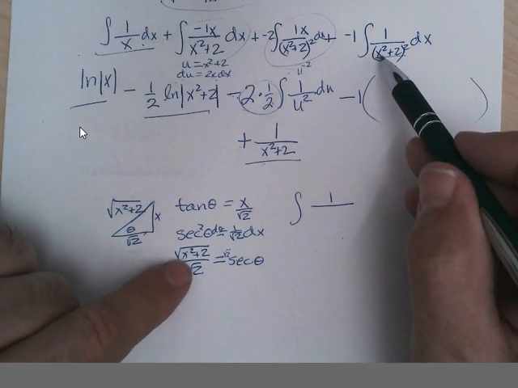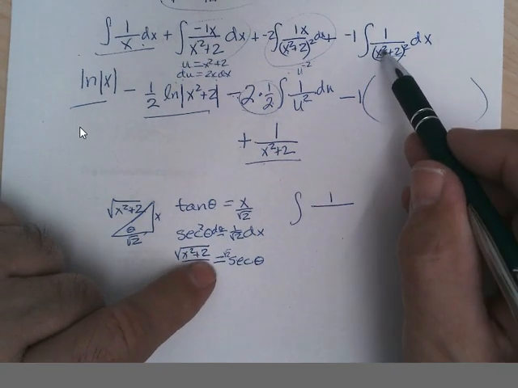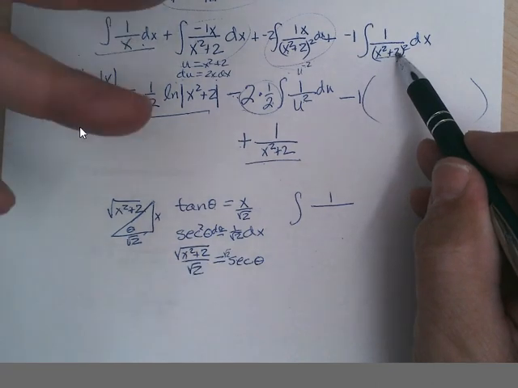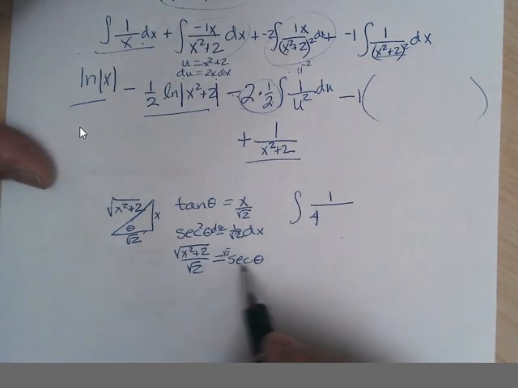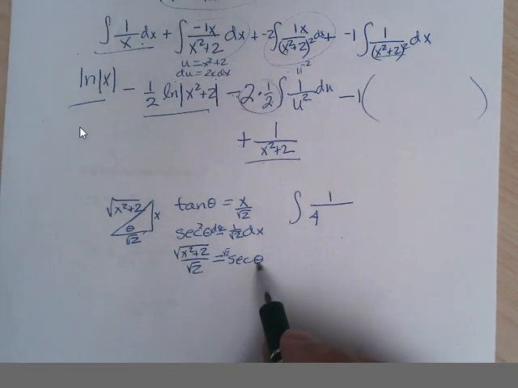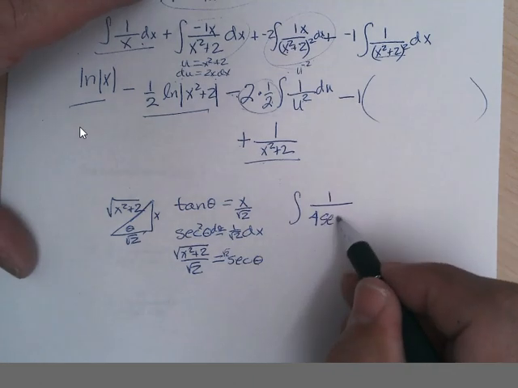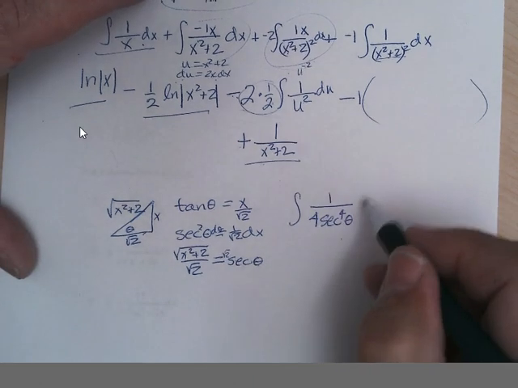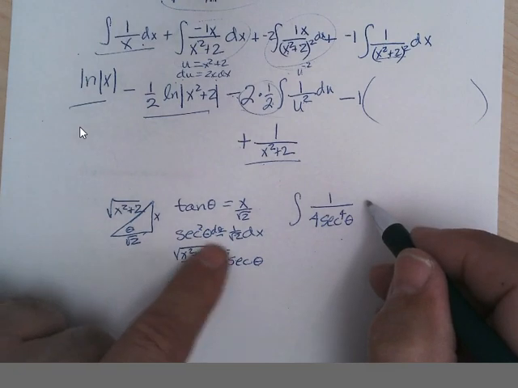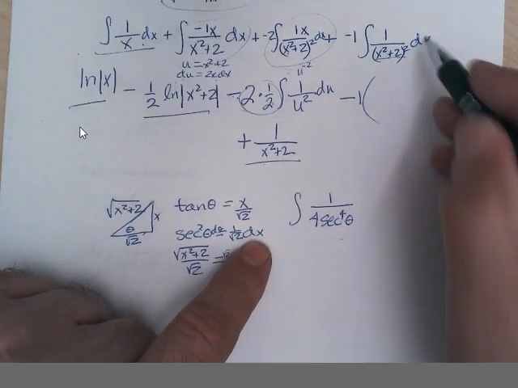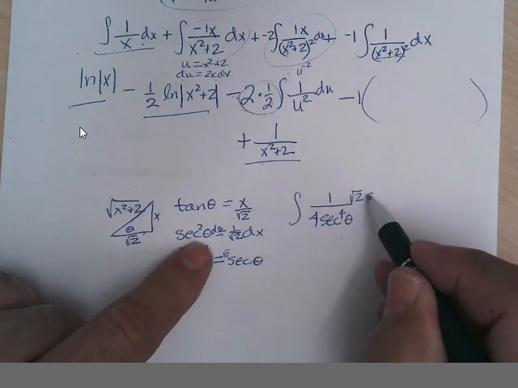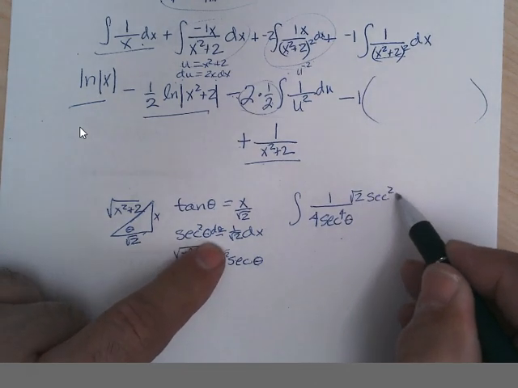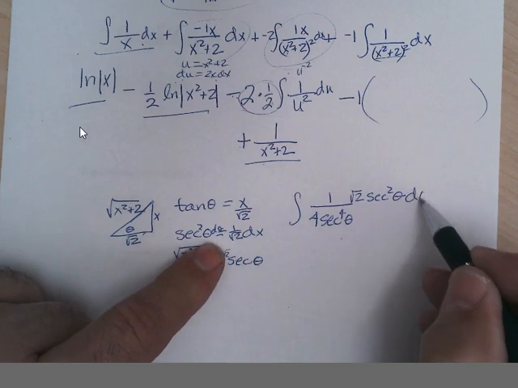And if I square that, I get what, x squared plus 2, and then I got to square it again, so it's going to be square root of 2 times square root of 2, which is 2, squared again is 4. Secant theta times secant theta, secant squared, squared again is secant to the 4th theta, and my dx changes to square root of 2 secant squared theta d theta.